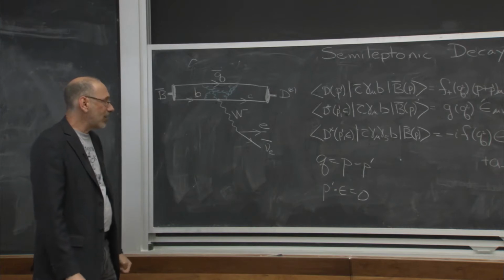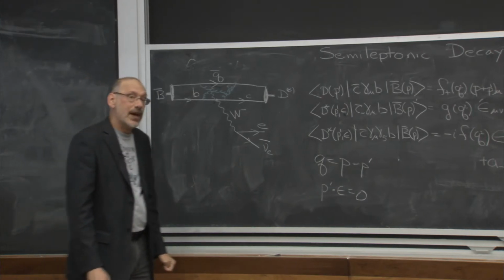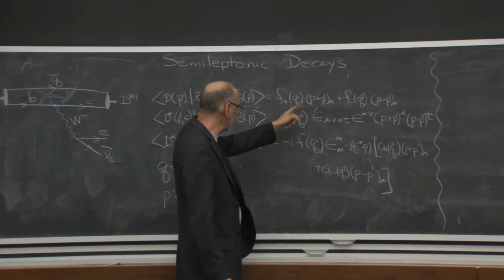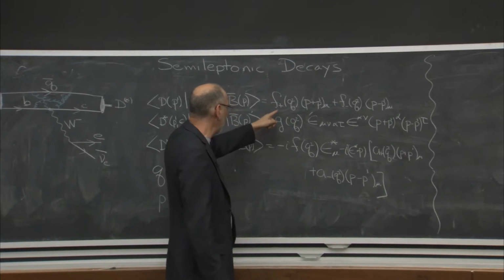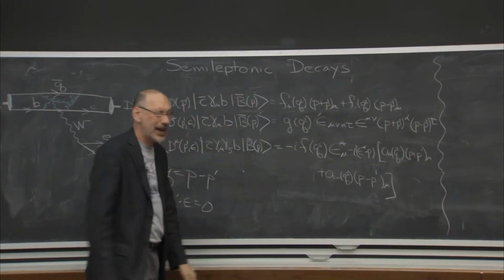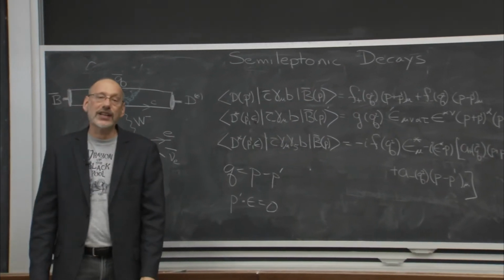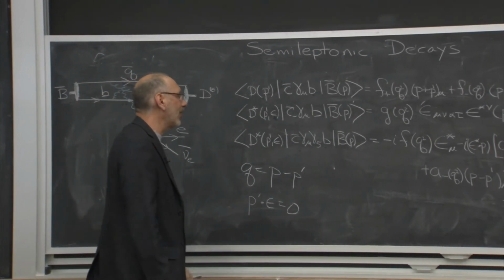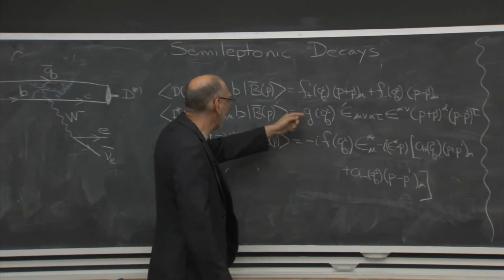So here we are. That's all we know in terms of the fundamental theory, in this case QCD, the theory of the strong interactions. We just know that all these matrix elements are parameterized in terms of these form factors. Now there's some arbitrariness in this parameterization, unfortunately. For example, do I put the i here or the i here?